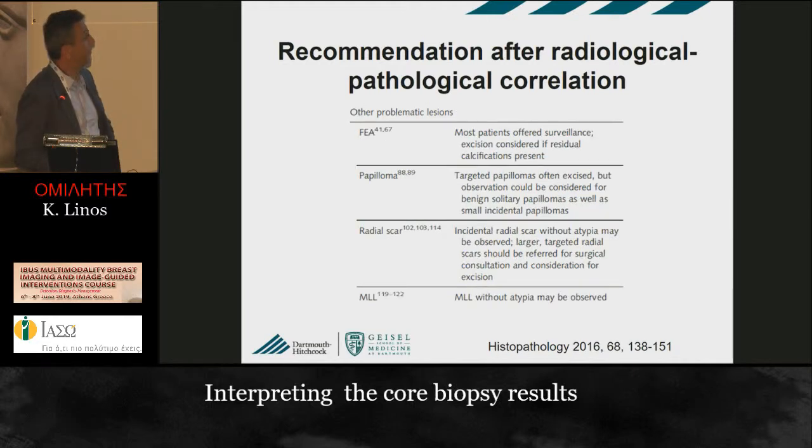Flat epithelial atypia, most patients are offered surveillance, especially if all the residual calcifications have been removed. If you have residual calcifications, you need to go back. Papilloma, if you target a papilloma and it's just a small benign solitary papilloma, histologically concordant, or a small incidental papilloma, you may observe, but the reality is most of them have been excised.